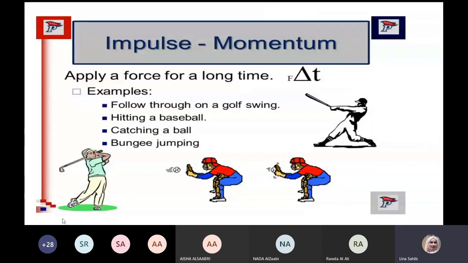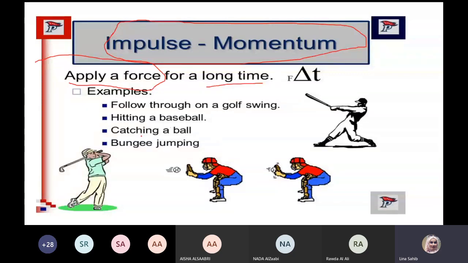Now, here are practical examples from our real life of why the impulse equals the change of the momentum. Here he's telling you that applying a force for a long time can generate momentum.